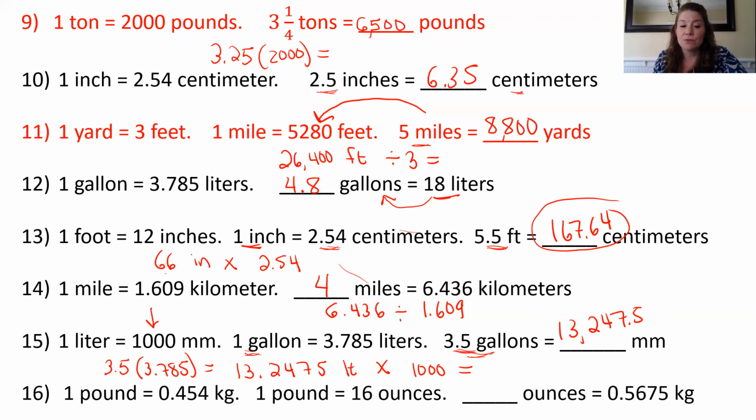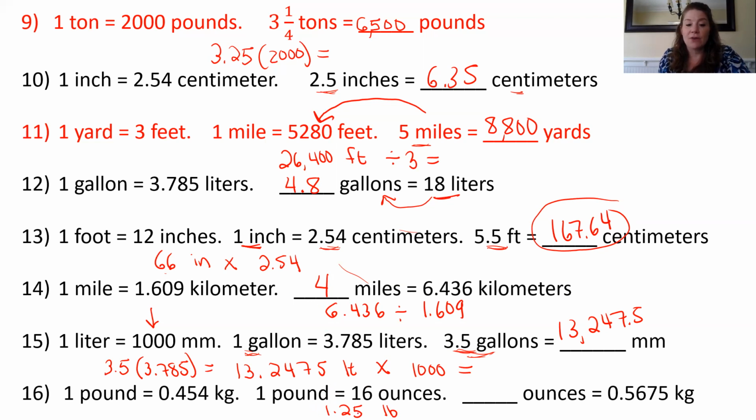So the first thing I'm going to do is convert my kilograms to pounds. I'm going to divide 0.5675 by 0.454 kilograms. And that tells me I have 1.25 pounds.